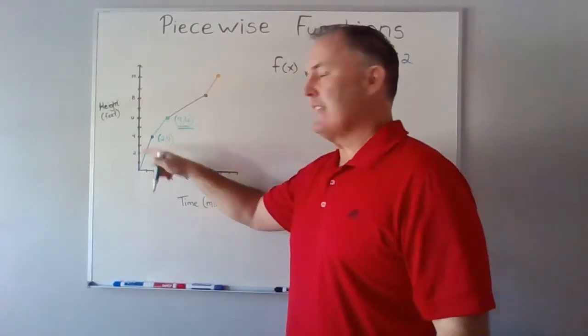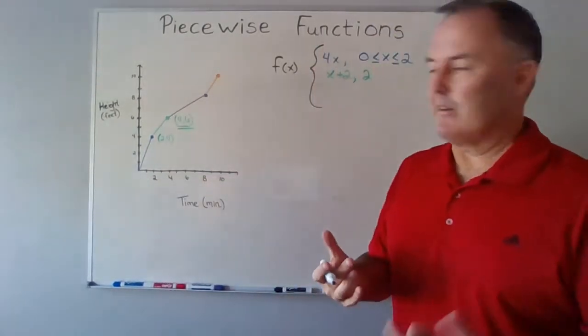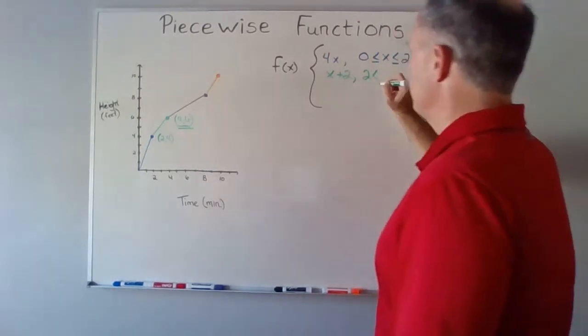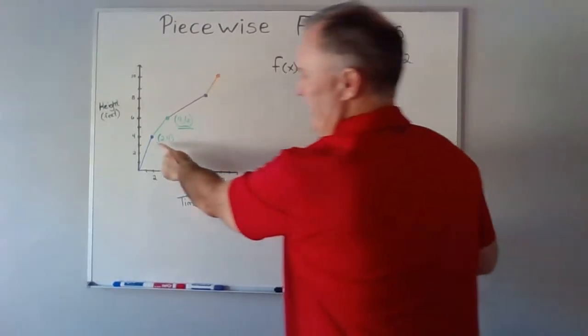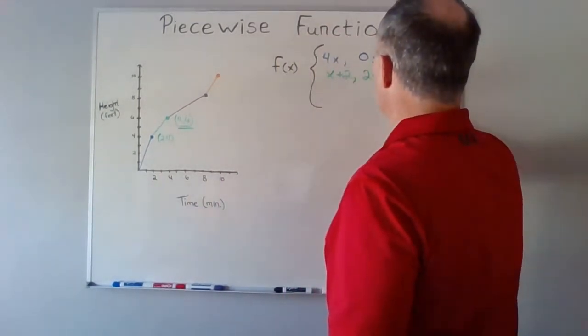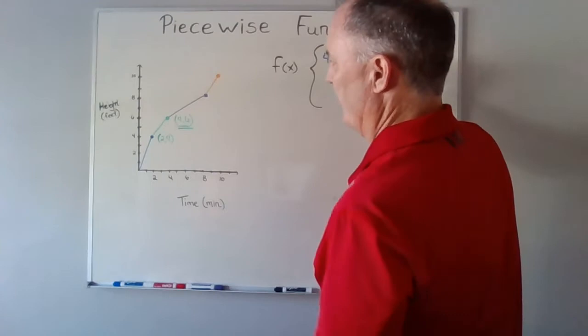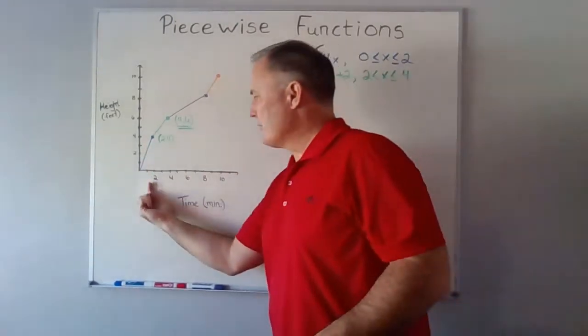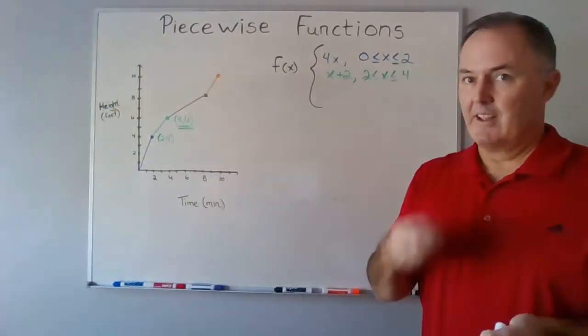But is the dot green on 2? No. So we'll say 2 is less than, not equal to, because equal to would be the blue, x less than or equal to 4. Because if you notice, my green line goes from 2 to 4. That's part 2.